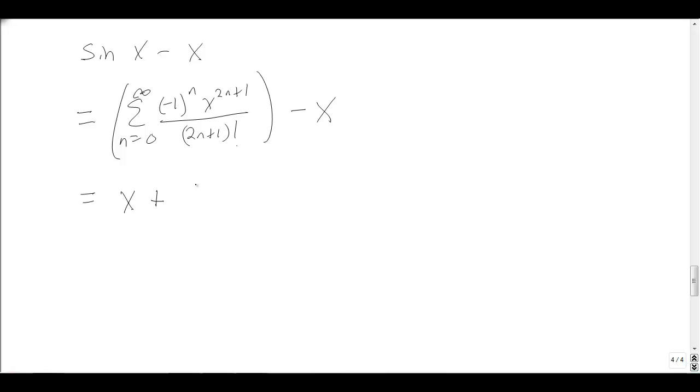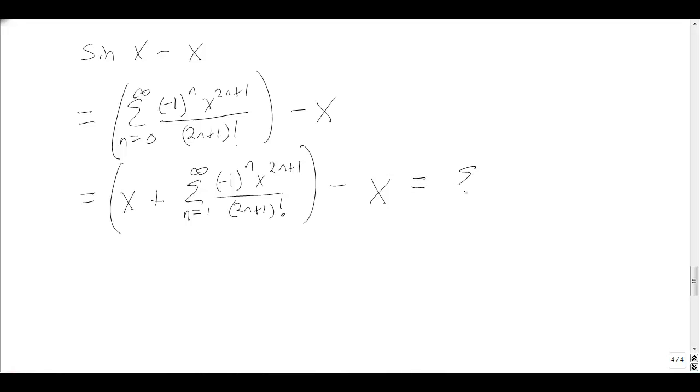And I'm going to say it's x plus the sum n equals 1 to infinity, negative 1 to the n, x to the 2n plus 1 over 2n plus 1 factorial. So that's what's really in the parentheses. I just rewrote that series by pulling off the first term, minus x, and you'll notice the x and the minus x cancel.